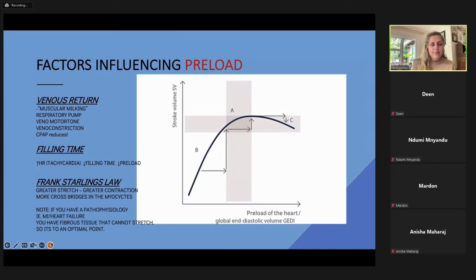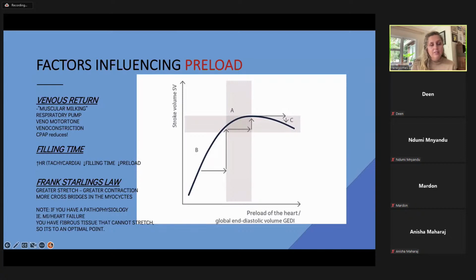So it might be applicable in a certain patient to give them a beta blocker to reduce the heart rate and increase the filling time, and thereby get a better preload. So while we said in the original equation, cardiac output is heart rate times stroke volume, sometimes if that heart rate is too high, the stroke volume will drop, and then you won't get a better cardiac output.